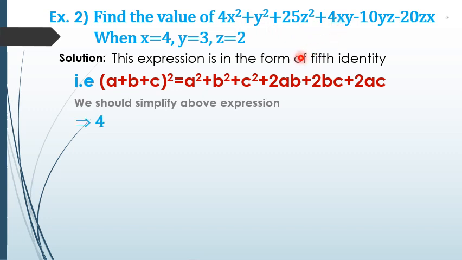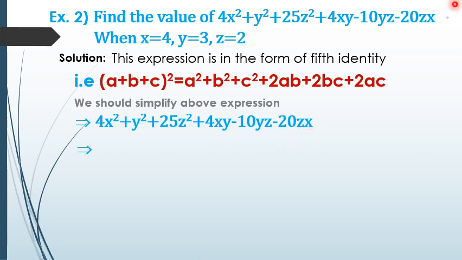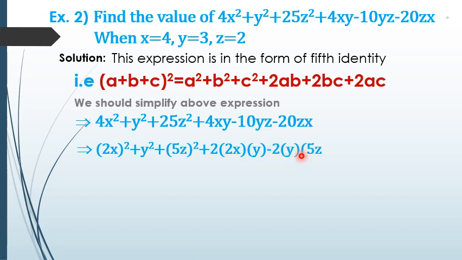This implies 4x square plus y square plus 25z square plus 4xy minus 10yz minus 20zx implies (2x) whole square plus y square plus (5z) whole square plus 2 into 2x into y minus 2 into y into 5z minus 2 into 5z into 2x is equal to (2x plus y minus 5z) whole square.